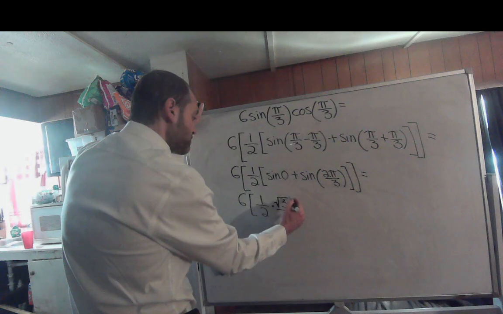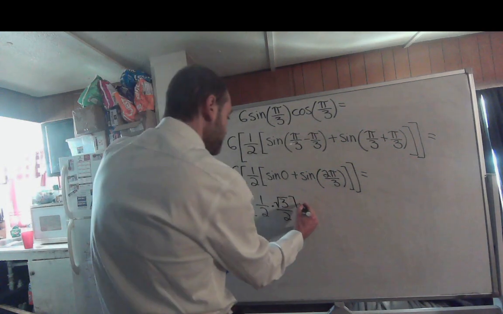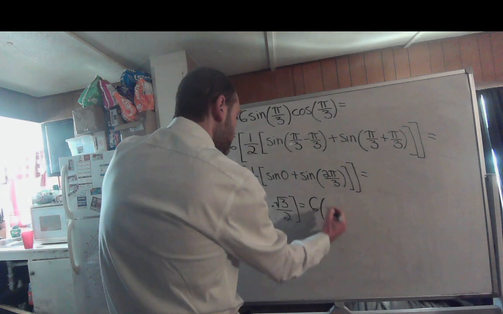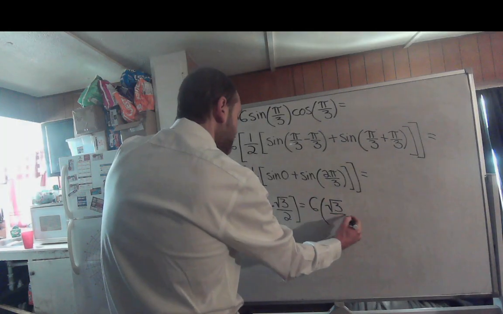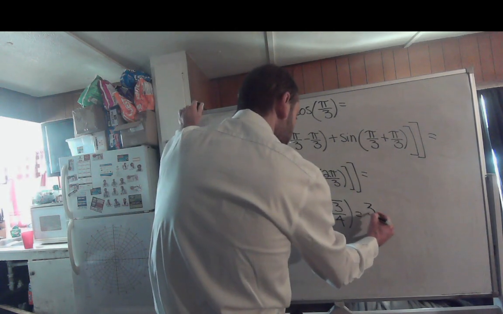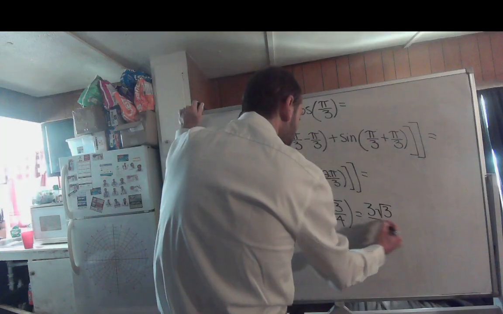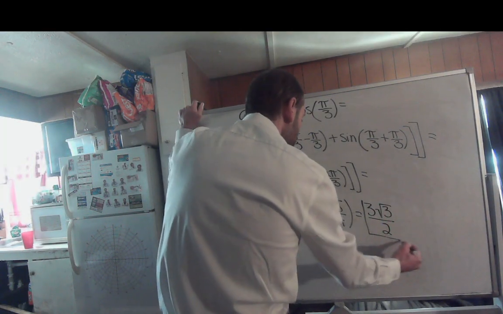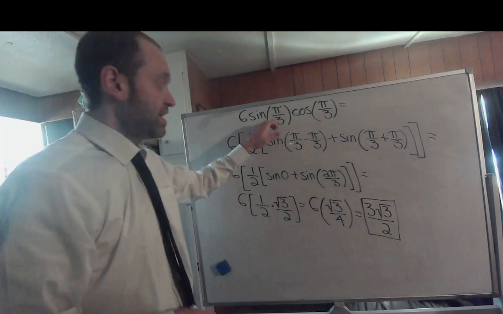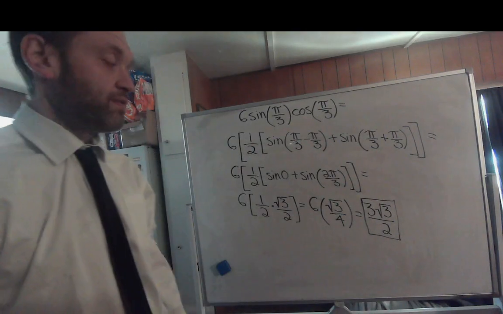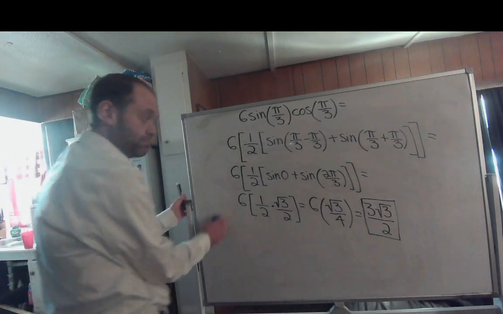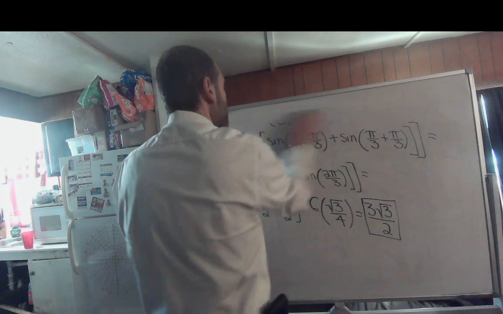So 6 times 1/2 times the square root of 3 over 2, so this would end up being 6 times the square root of 3 over 4, which your final answer should be 3 times the square root of 3 over 2. So you should end up getting, for 6 sine of pi over 3 cosine of pi over 3, your final answer should be 3 times the square root of 3 over 2. Alright.